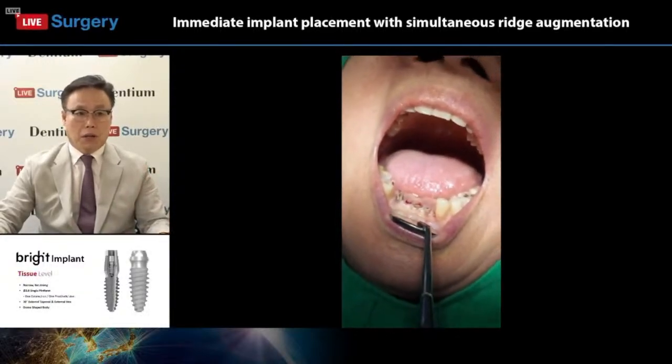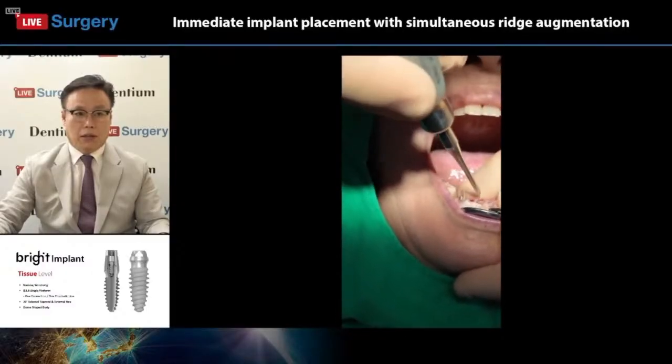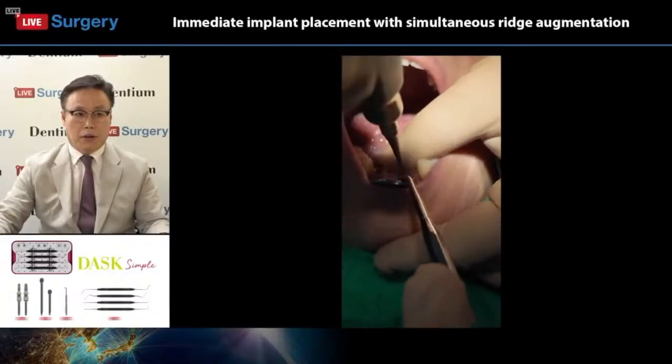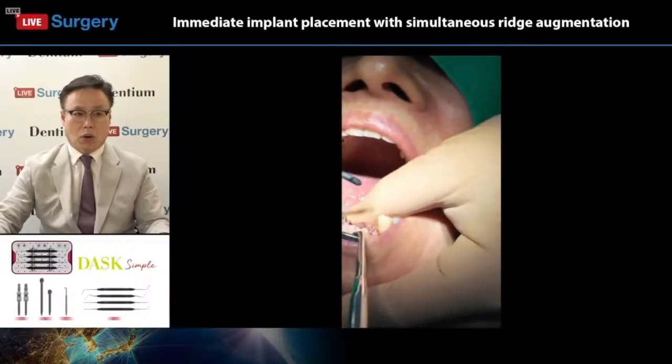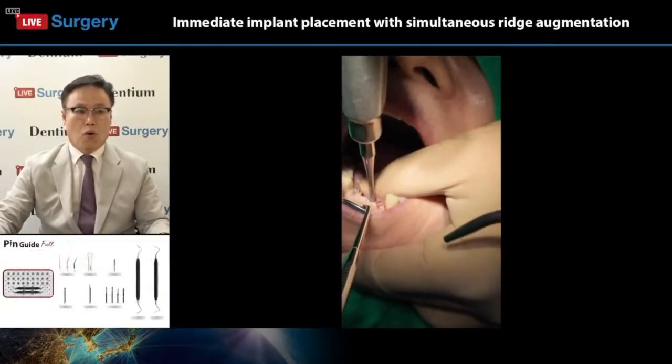Maybe it could be fractured like this, but then we can apply the elevator. The important thing is we have to minimize the trauma. Otherwise, during the healing, there will be more bone loss.